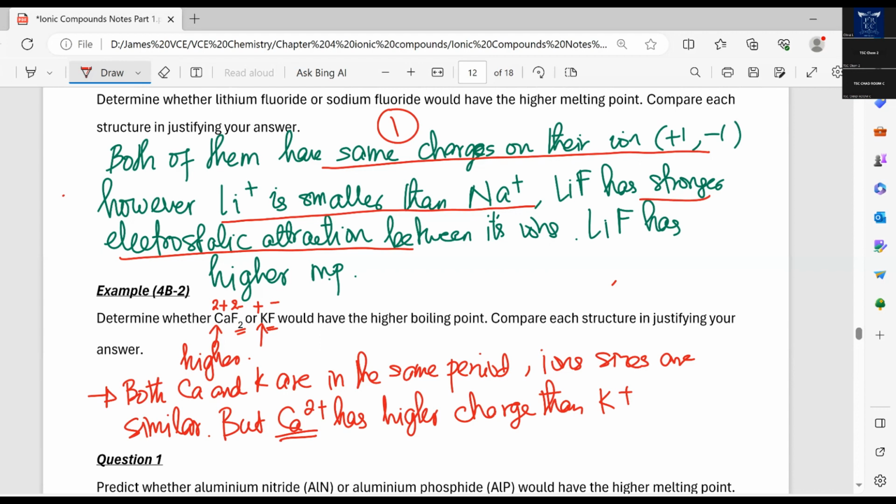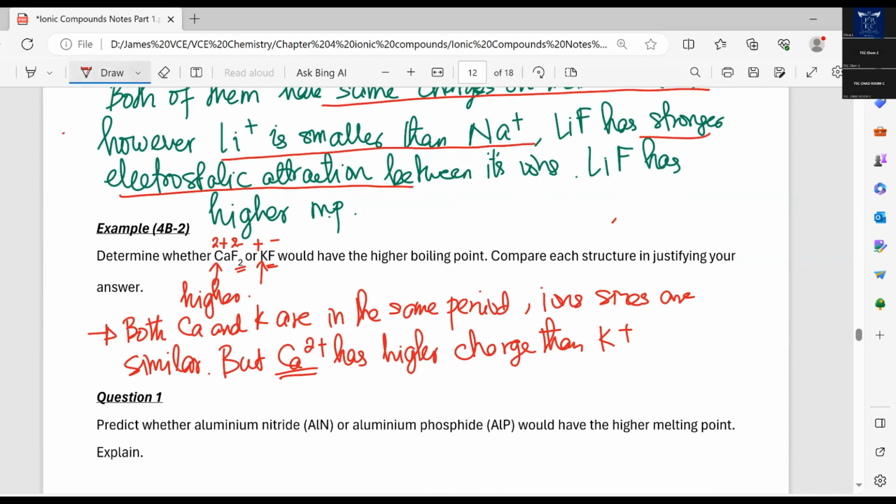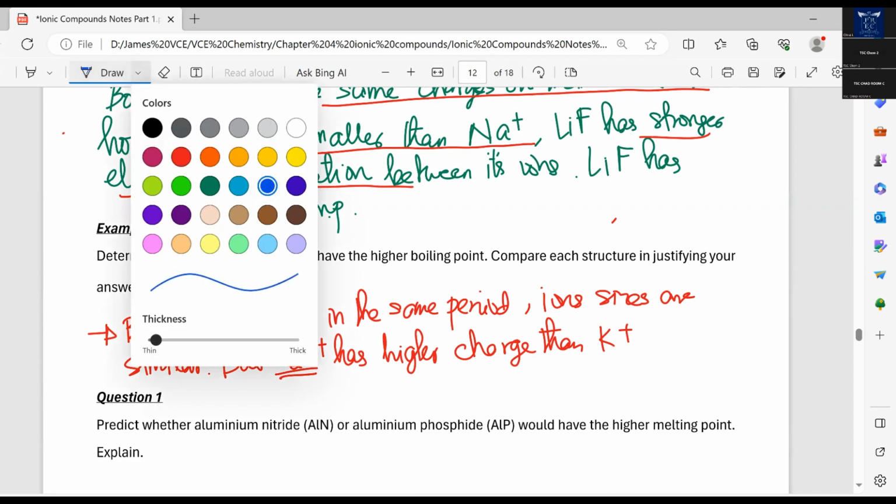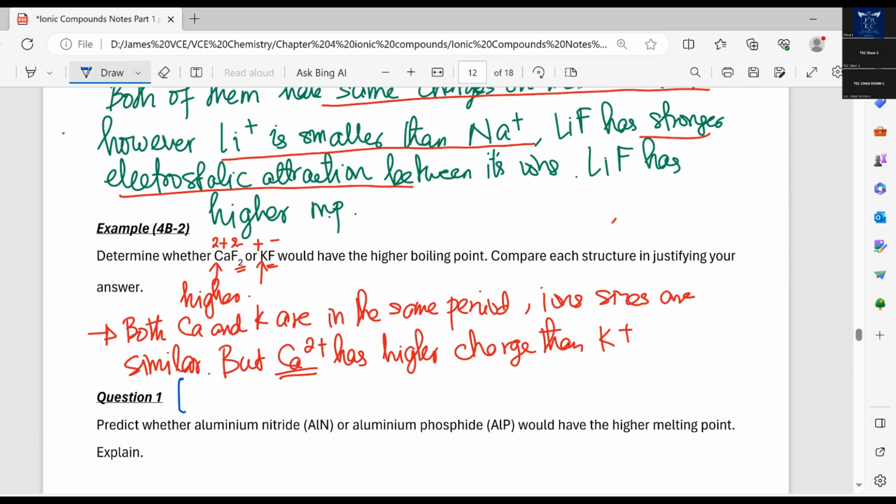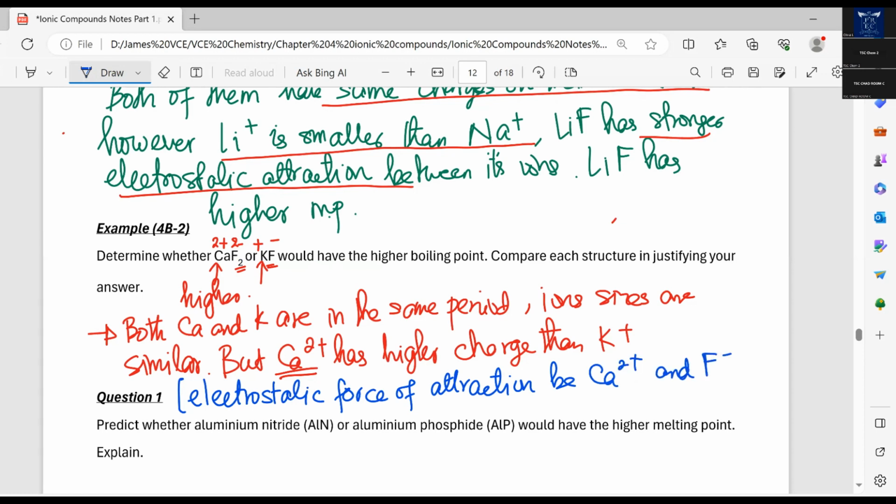So you can also say that the electrostatic force of attraction between Ca2 plus and F minus ions are higher.